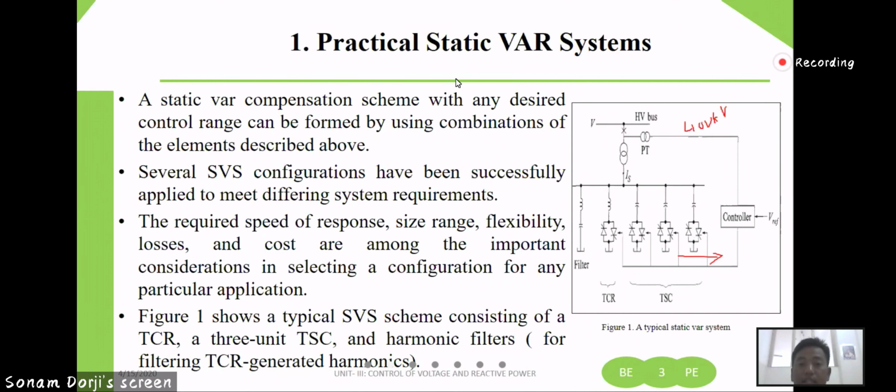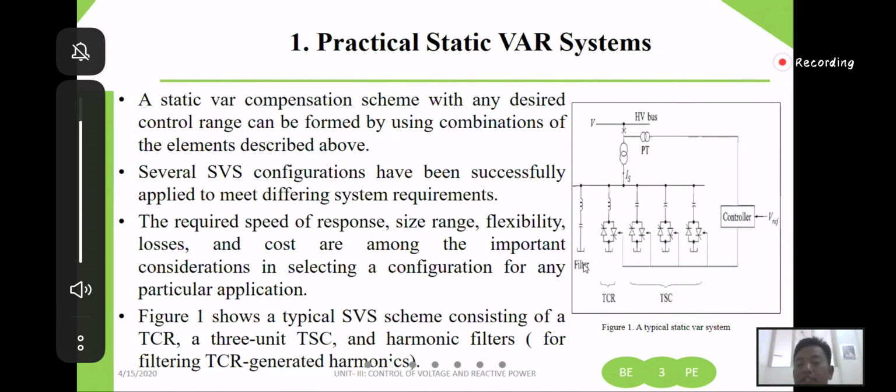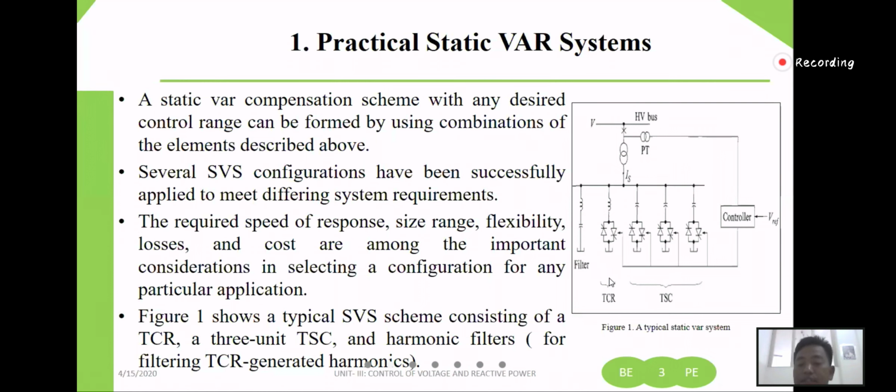Okay, here I have just given an example of a practical static var system. This consists of a TCR, TSC, and harmonic filters, which filter out the harmonics. Because of this TCR, there will be harmonic generation in the system, so that harmonic has to be removed, so we have to use this filter.